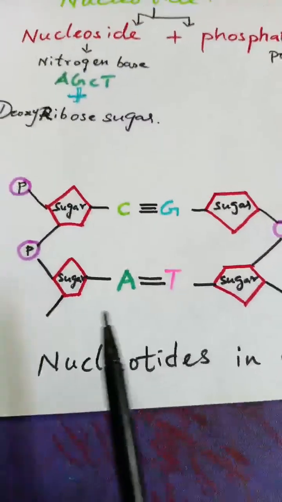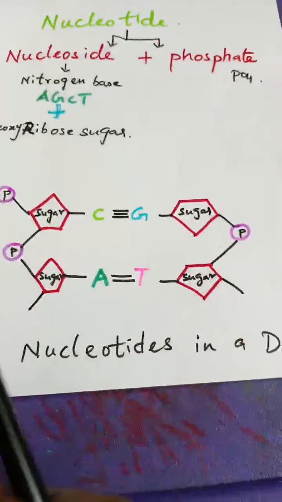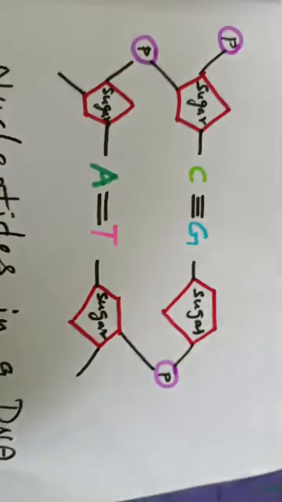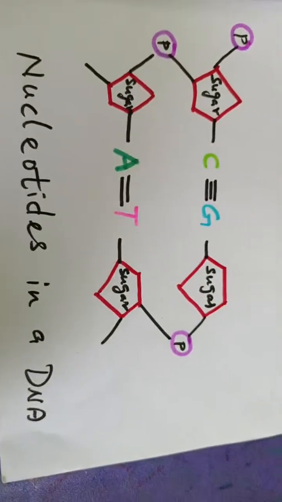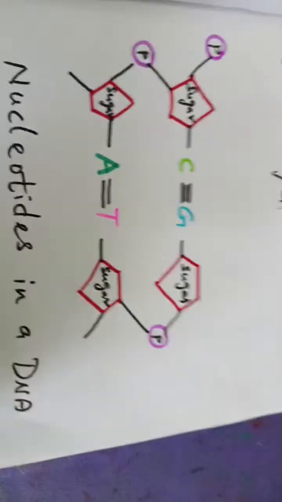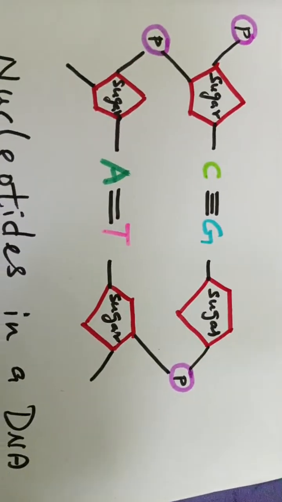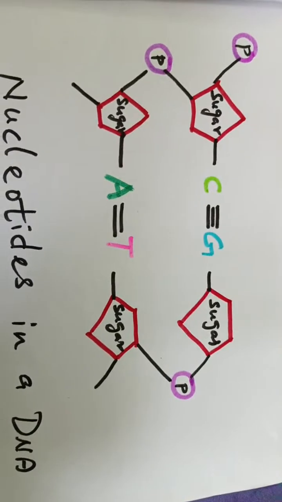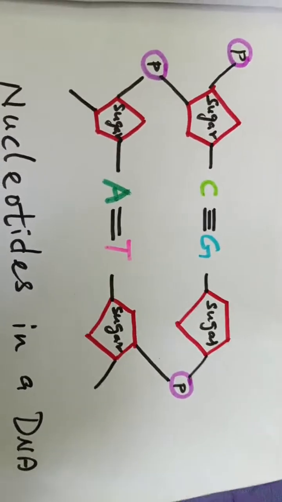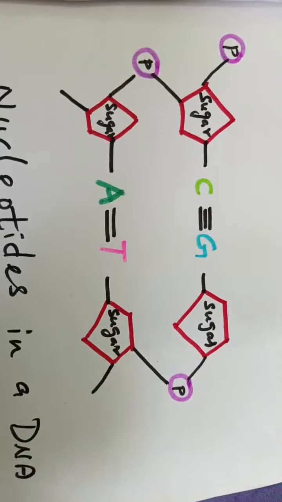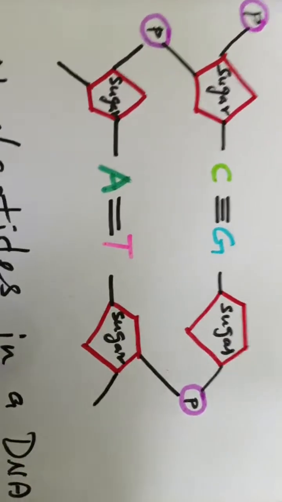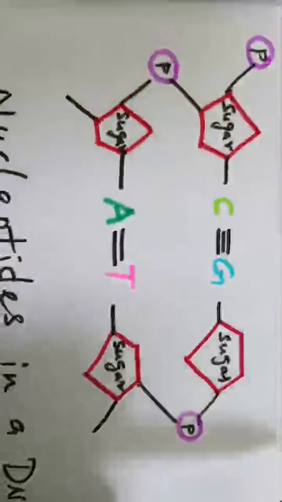So that's what I show you now. It's the nucleotide. The structure is this. If you look at this structure, you can understand better. This is the sugar molecule which is bonded with the nitrogenous base, and then the nitrogenous base is again linked with another sugar molecule, that is a pentose sugar.